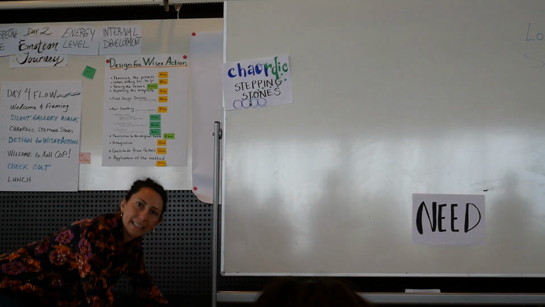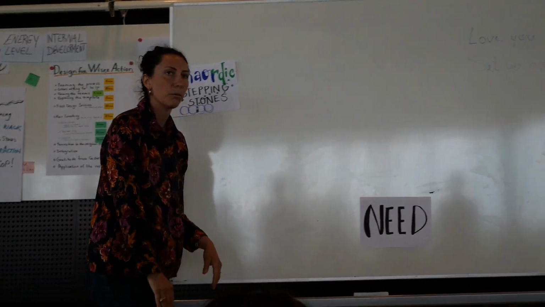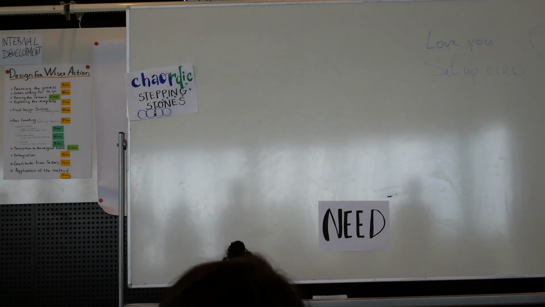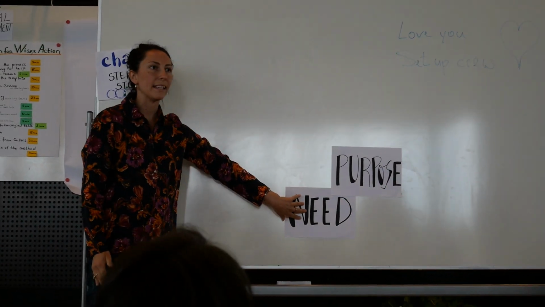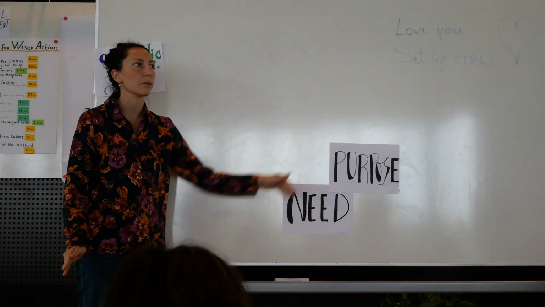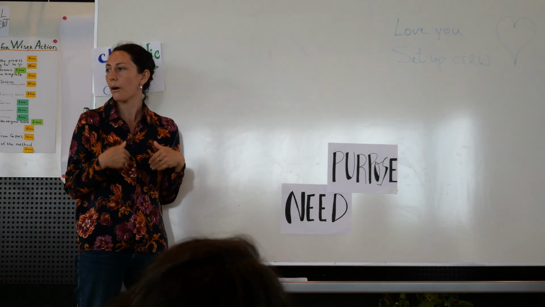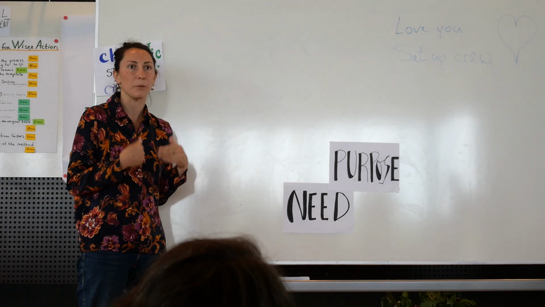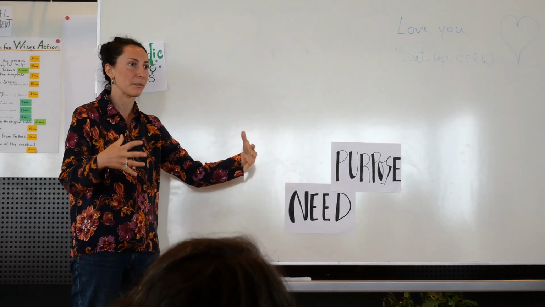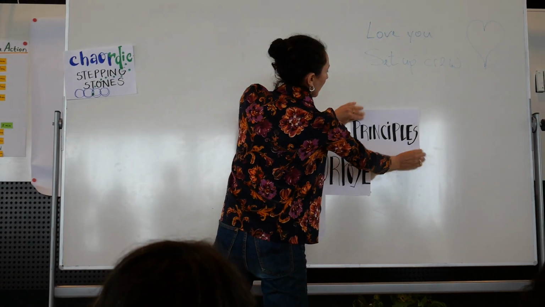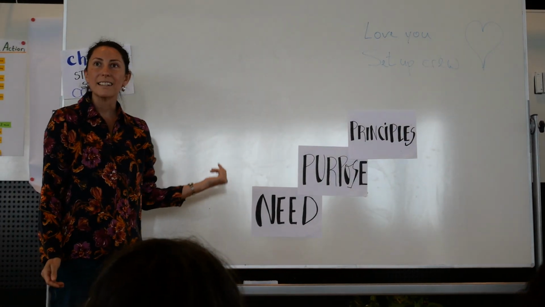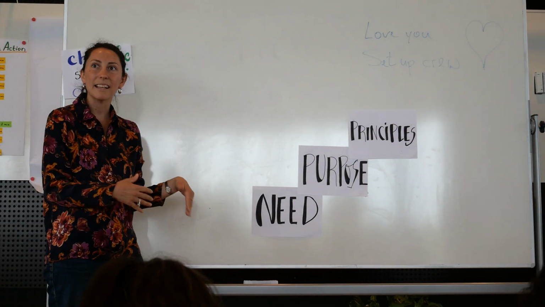The first stone is need. Why is this needed? Purpose. From that need, what's a direct pathway into it we can take based on what I want to do and what is my work to do? What can I do as a team to serve that need? How do we work together to make that need possible?